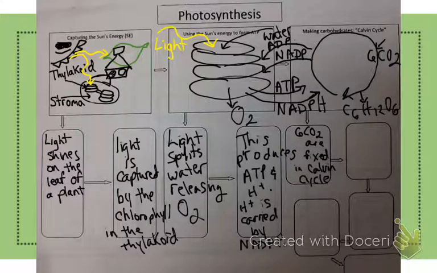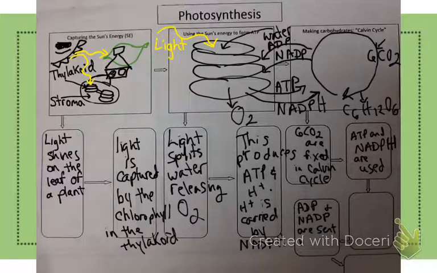All right, so ATP and NADPH are used, and since they're used up, ADP and NADP are sent back to the thylakoid.